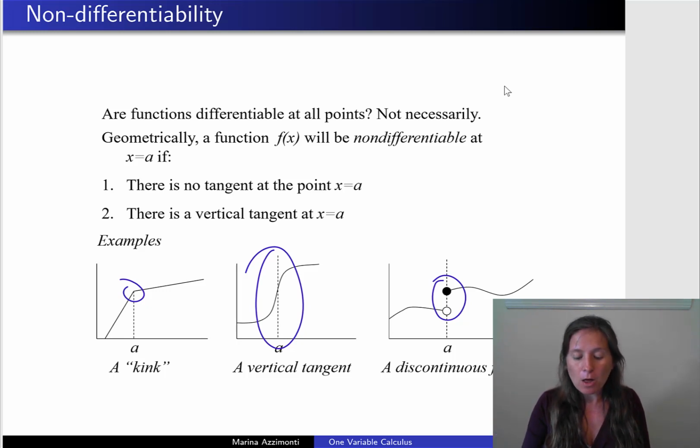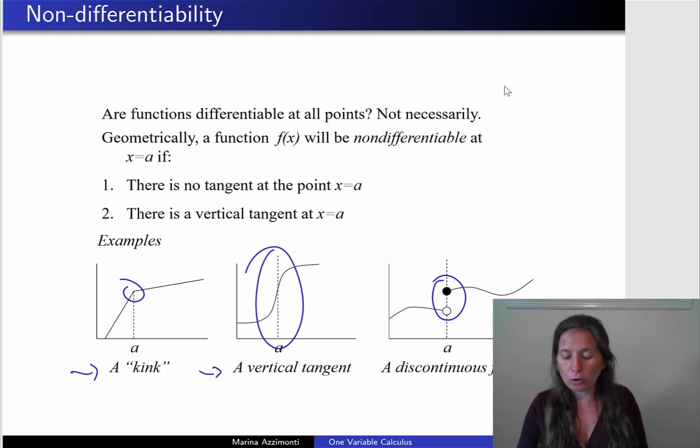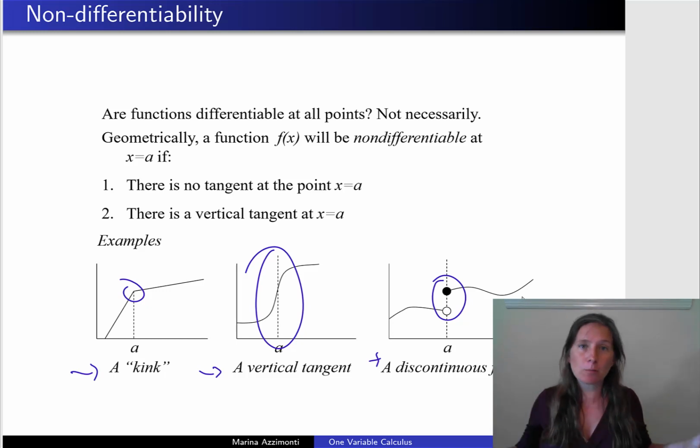So in this example, wherever there is a kink or a vertical tangent at a point or a discontinuity at a point, we are going to say that the function is not going to be differentiable at that point.